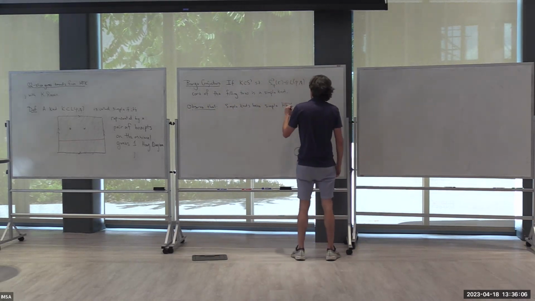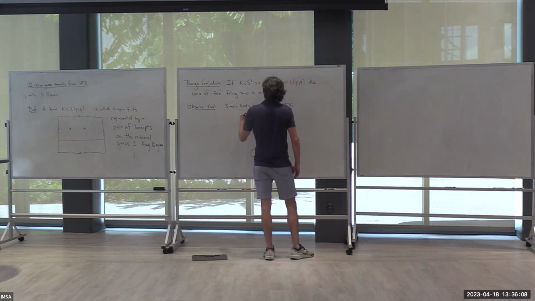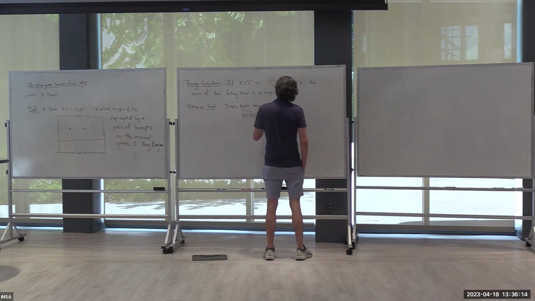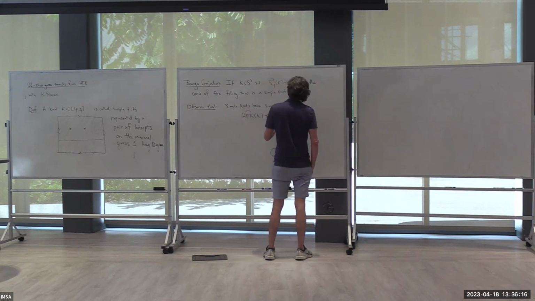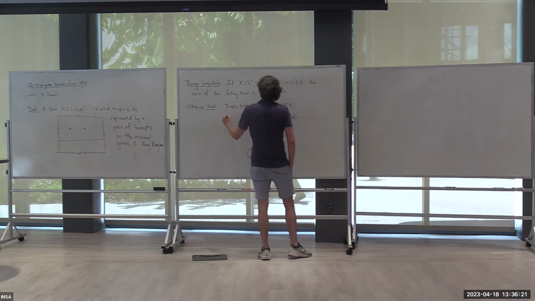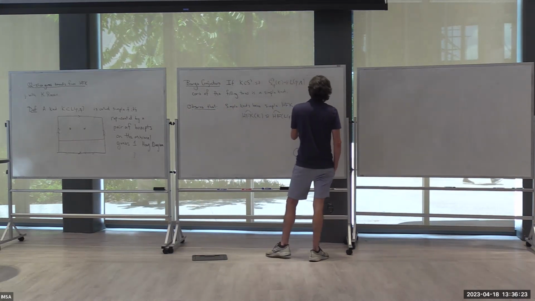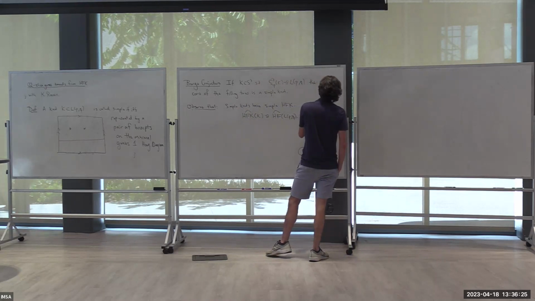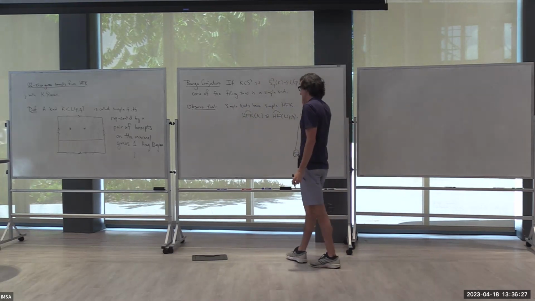That's to say that the knot Floer homology, as an unweighted vector space, of such a knot is isomorphic to the Floer homology of the underlying lens space. And the rank of these groups, both are p.